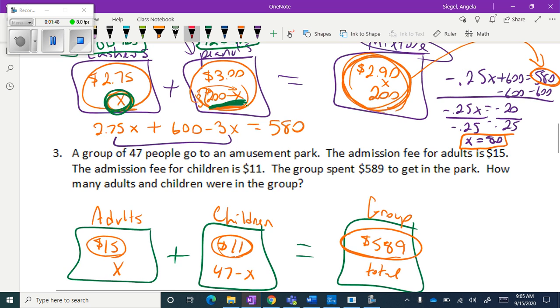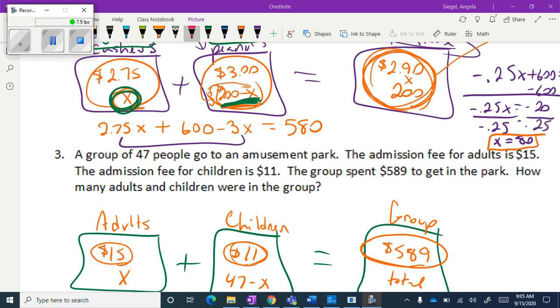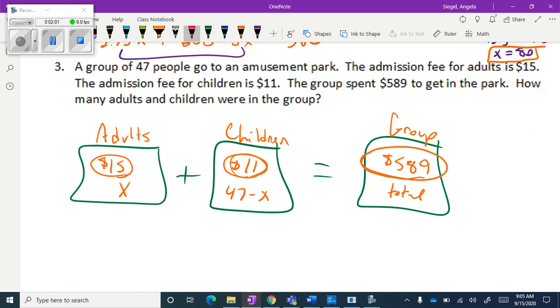But just like in this problem that I did, sorry about that. Okay, just like in this problem, I did the x and the 200 minus x. This problem is set up the same way. So we know that there were 47 people in their group. So I just called this x and this 47 minus x. It doesn't matter what you call x, so you could flip-flop those if you want.